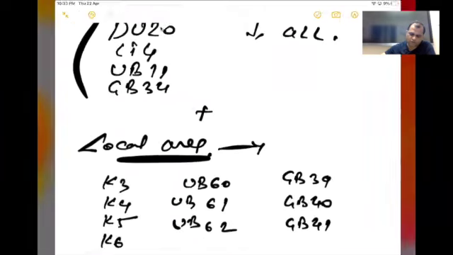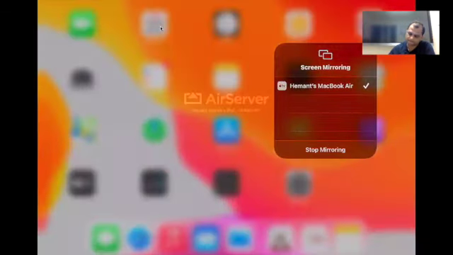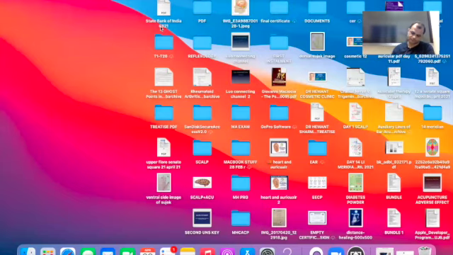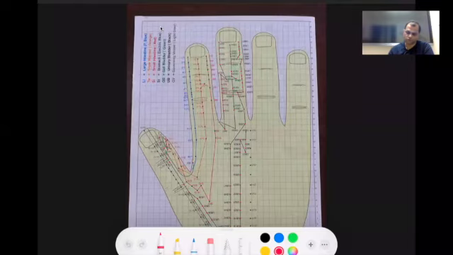So let's see how we can stimulate the points in the sujok. So look at this image.